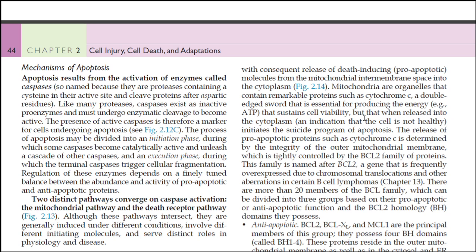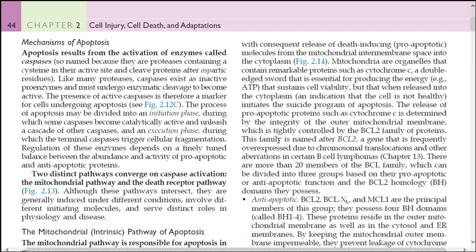If that occurs, the suicide program, or apoptosis, is initiated. Cytochrome C is a pro-apoptotic protein. This is determined by the integrity of the outer mitochondrial membrane, which is tightly controlled by the BCL2 family of proteins.